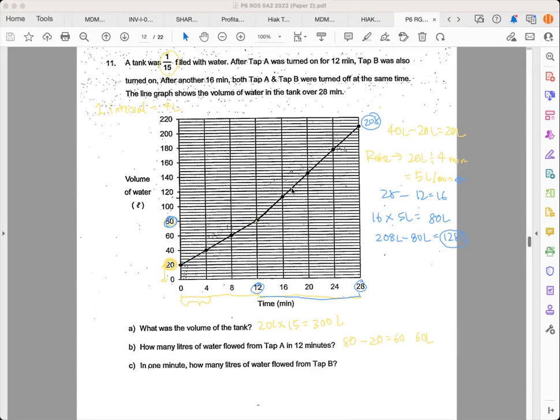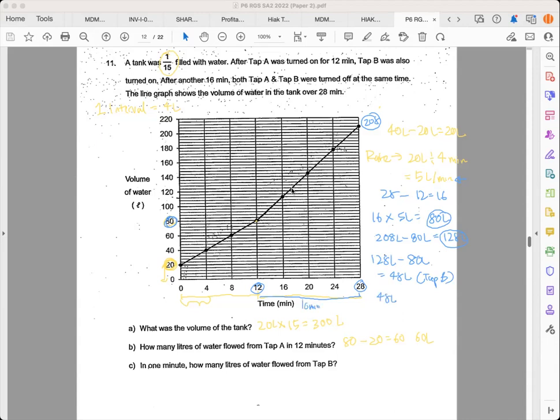During this period, if I minus away the water that flows from tap A, which I calculated earlier, 80 liters, we have 48 liters. So this 48 liters is the amount of water flowing from tap B over a period of 16 minutes.